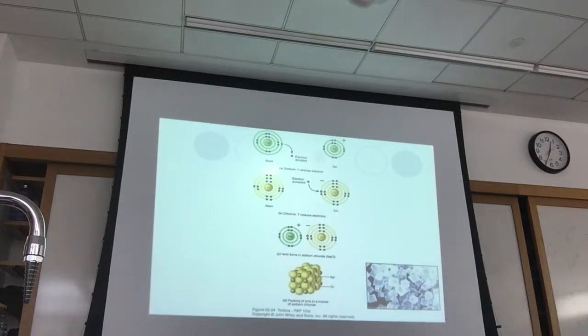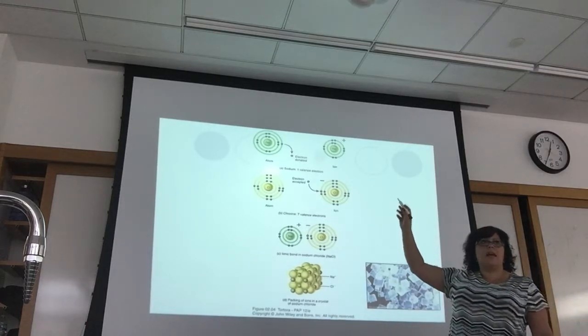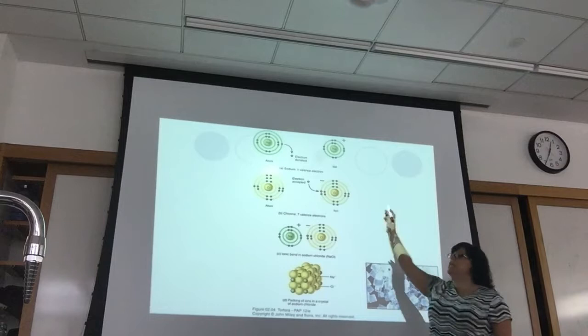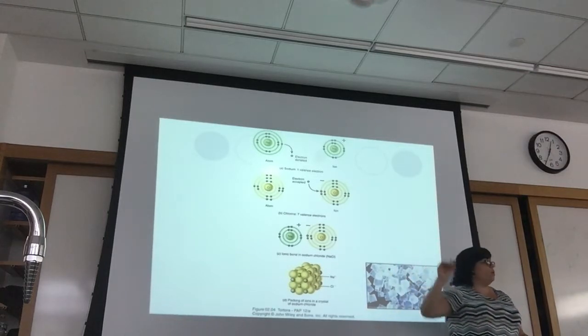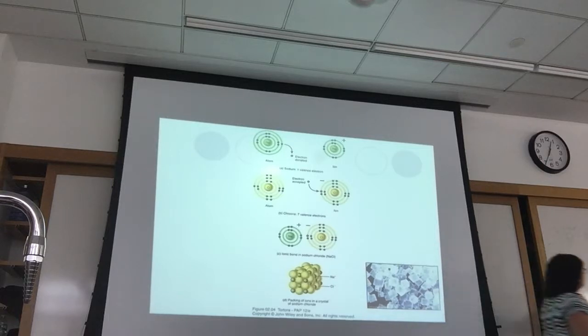We're starting out as an atom, and we're going to an ion. We're going to start out with a sodium atom and a chlorine atom, where we have protons equals electrons, and we're going to change that to make it an ion. We'll have one positive charge and one negative charge.